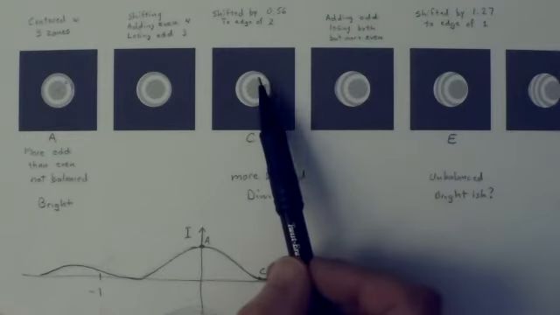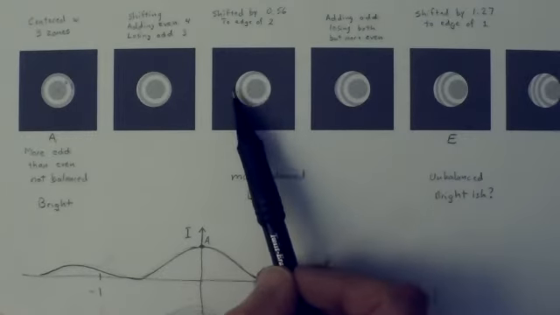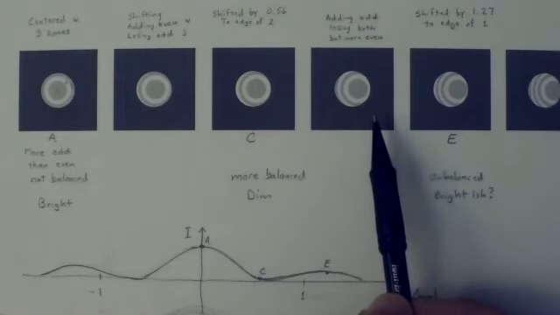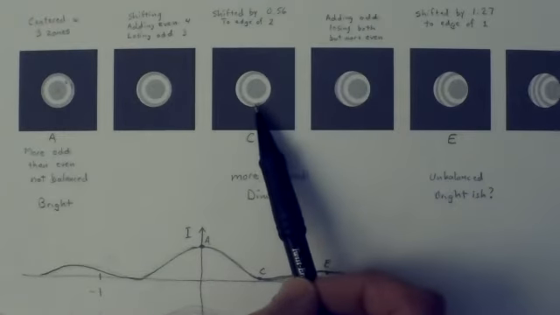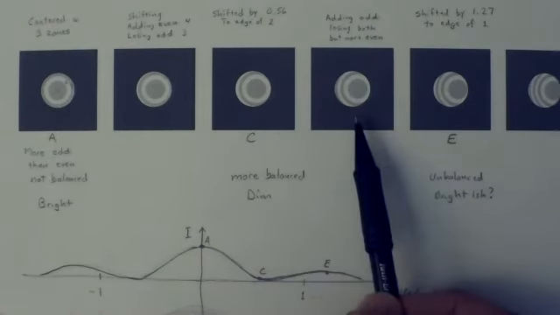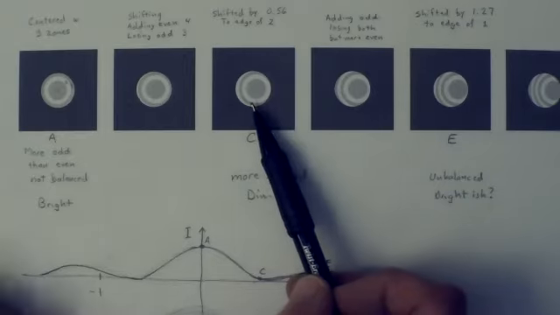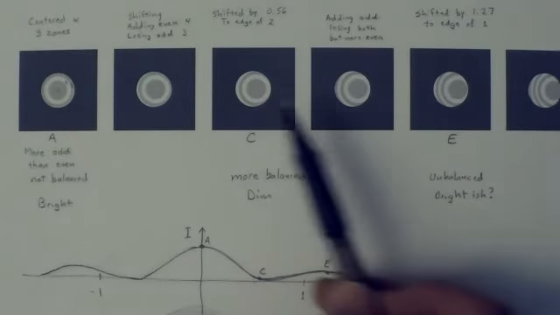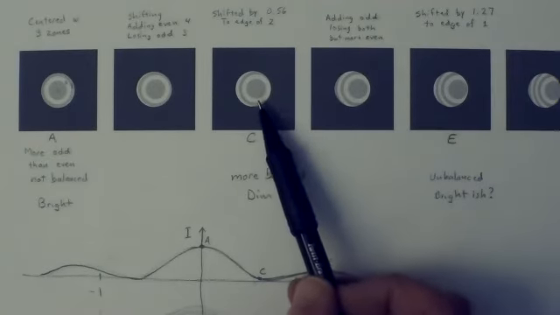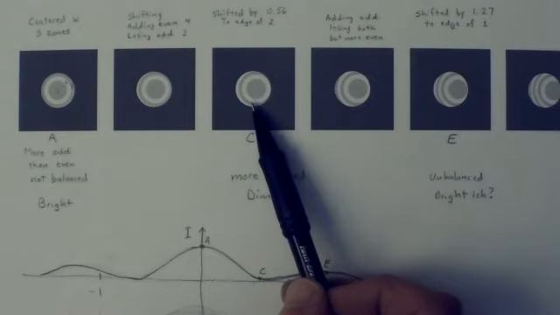So are we now at a point where zones 3 and 4 are going to cancel? Probably not. It looks to me like there's still more of zone 3 there than zone 4. So this probably still isn't, and it's not even clear that this is the worst spot.